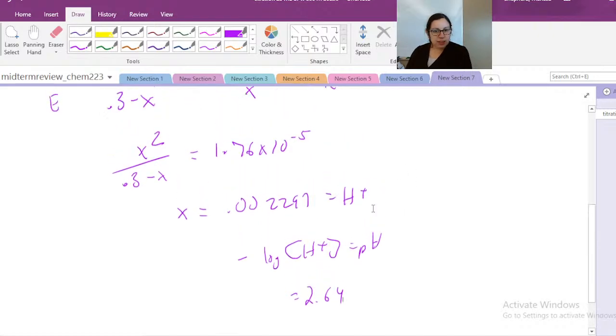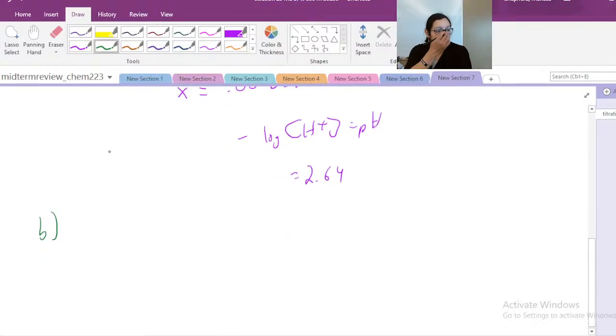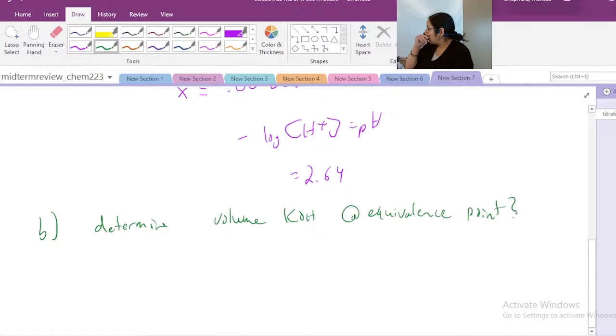All right, so then that's this part. I'm just walking through the exam question. Now let's determine the volume of KOH at the equivalence point. So remember, what does that mean by definition?